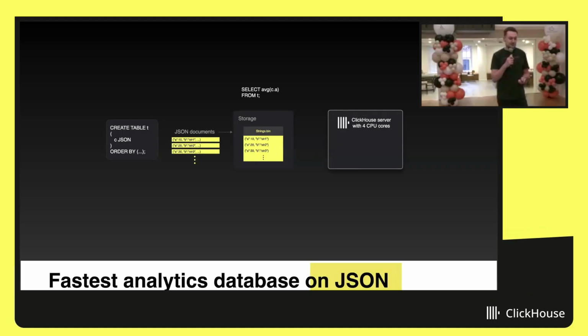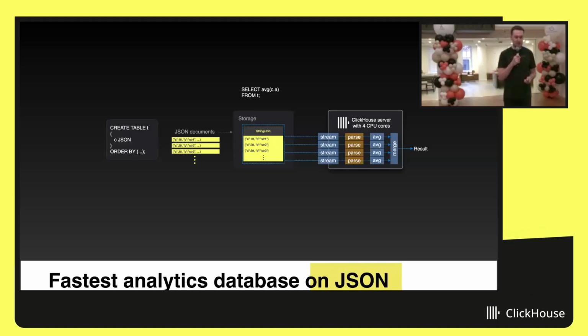If we read just a subcolumn from JSON, then we will have to parse all these JSONs. We cannot read a subset. We will have to read the whole strings, parse, and only then process this data. Maybe you are using this way to work with JSON today, but this is not the optimal way if you use the latest ClickHouse version with the new JSON data type.